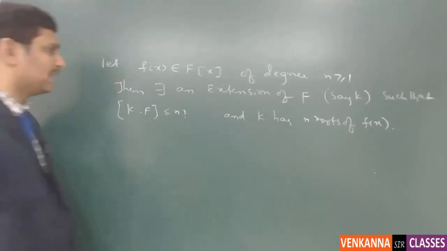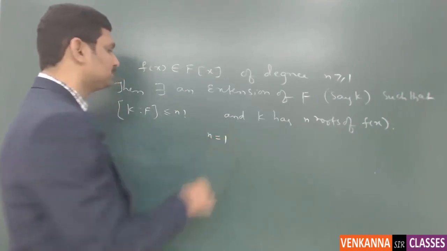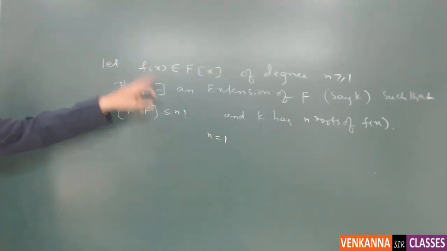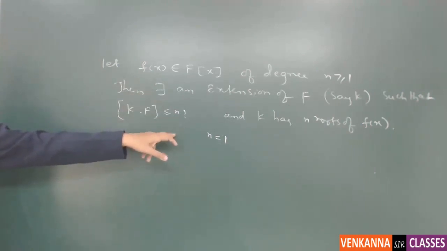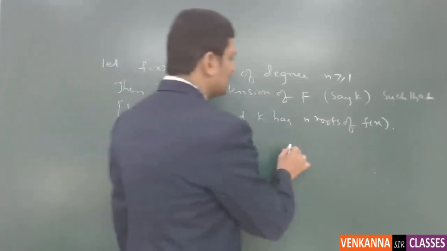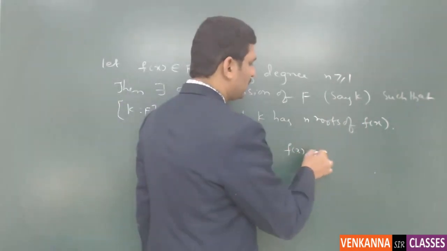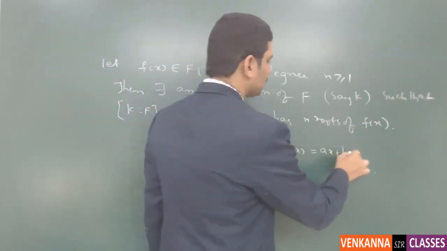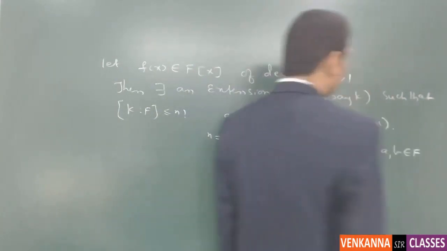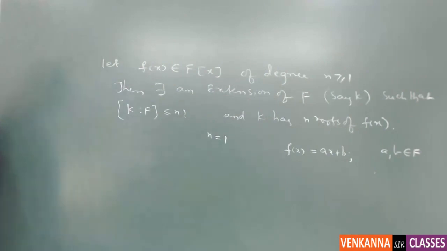So let us take the case that n is equal to 1. Now what happens? F of x is a polynomial of degree 1. It is nothing but a linear polynomial. So obviously f of x will be of the form ax plus b, where the coefficients a, b belong to the field F. Now what happens?